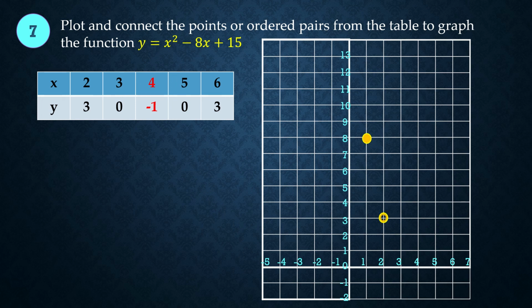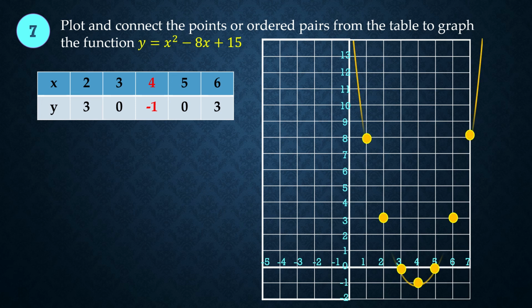Next is 2 and 3. Next, 3 and 0, which is the first x-intercept. Next, 4, negative 1, the vertex. So the vertex is located in the fourth quadrant. Then 5, 0, the second x-intercept. Next, 6, 3. Then 7, 8.